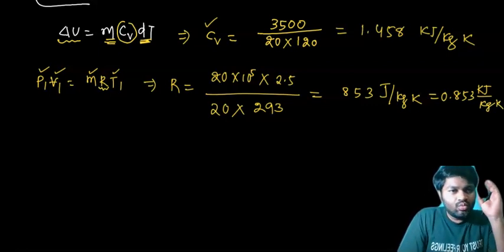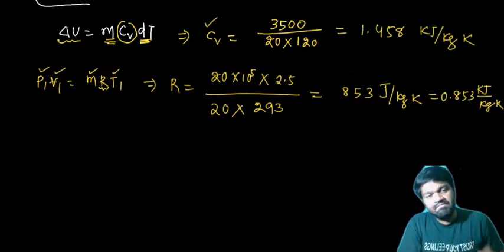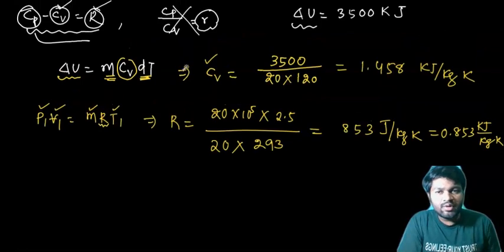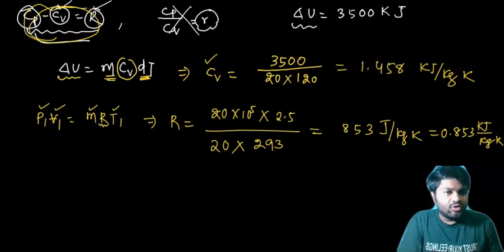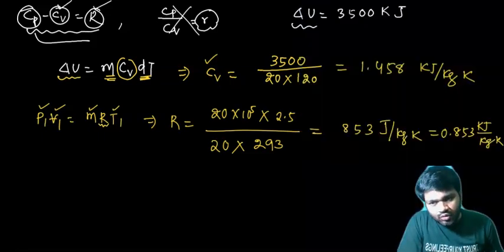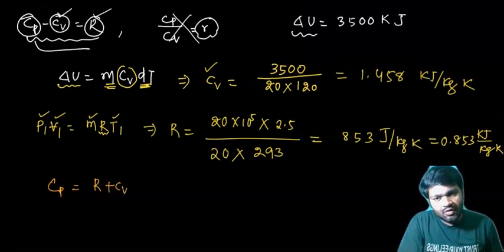Now we have the values of Cv. Then simply by putting these values in this particular equation, we can find out the value of Cp, right? So Cp can now be written as R plus Cv.